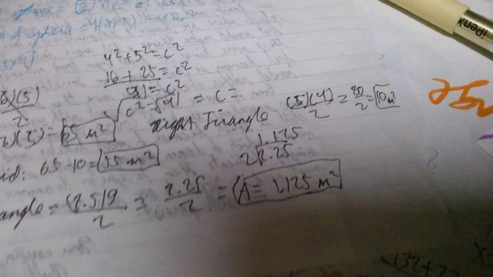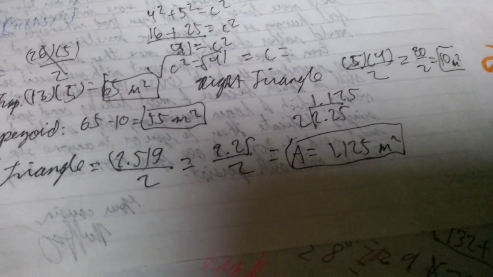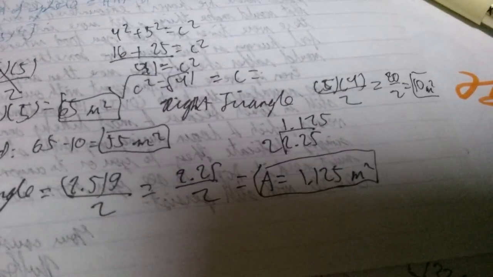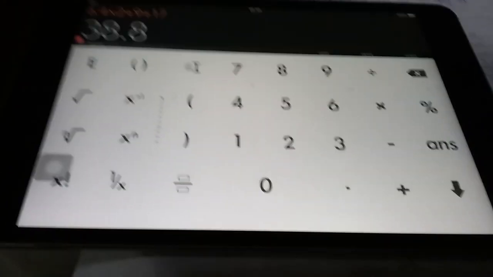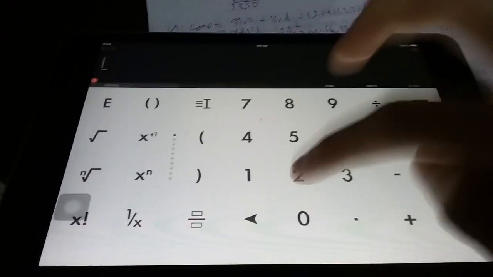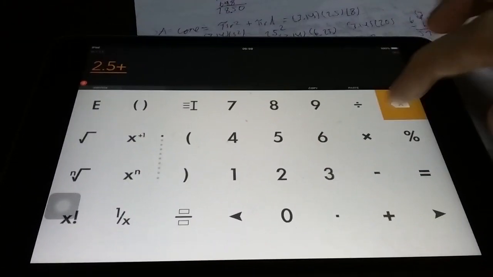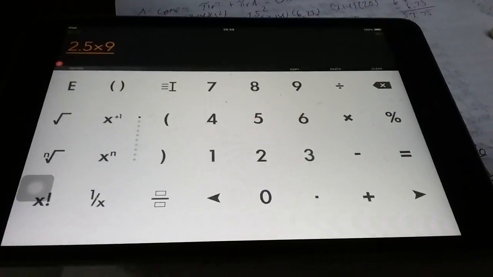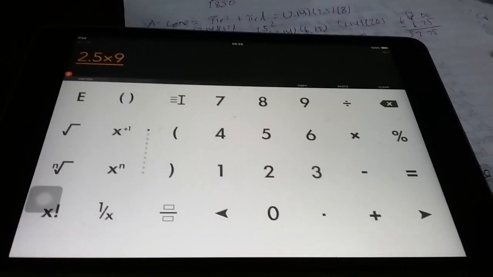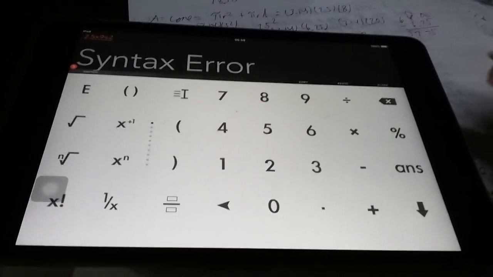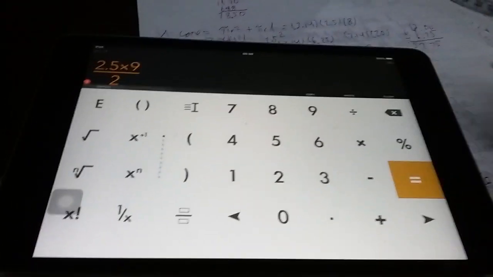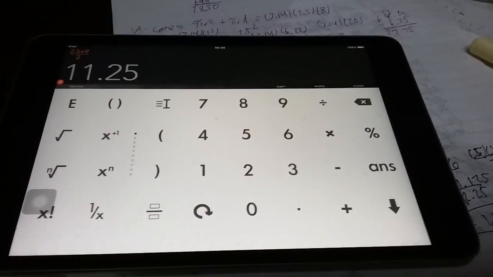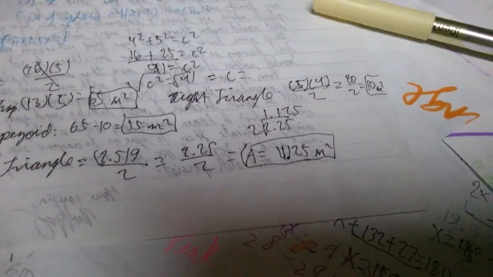So that should be the area of the obtuse triangle. Kapag ginawa ko to, 2.5 times 9 divided by 2. Yan, 11.25. That should be 11.25. Count your decimals pala, okay?